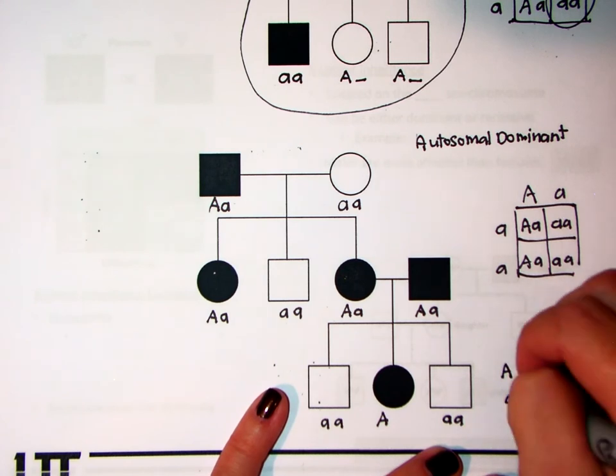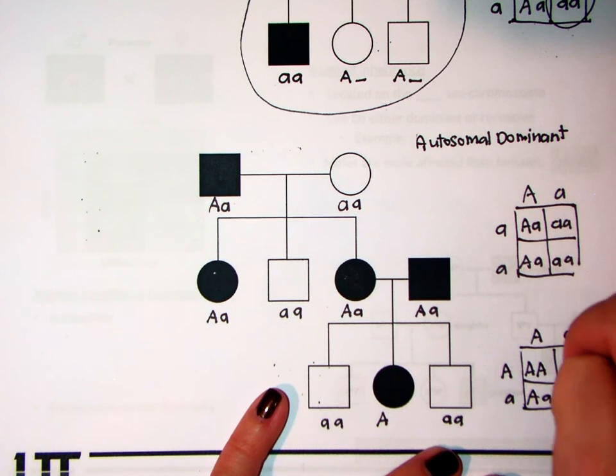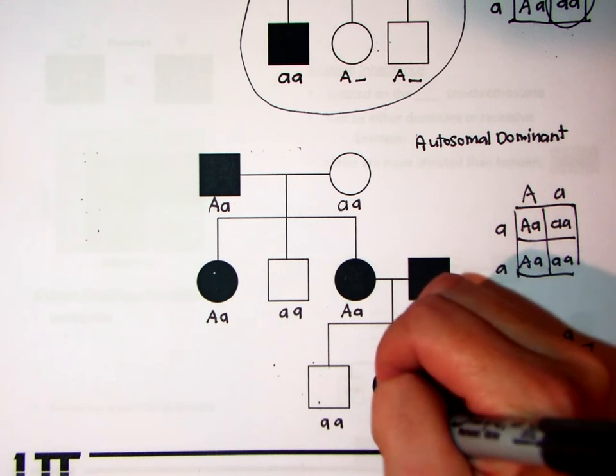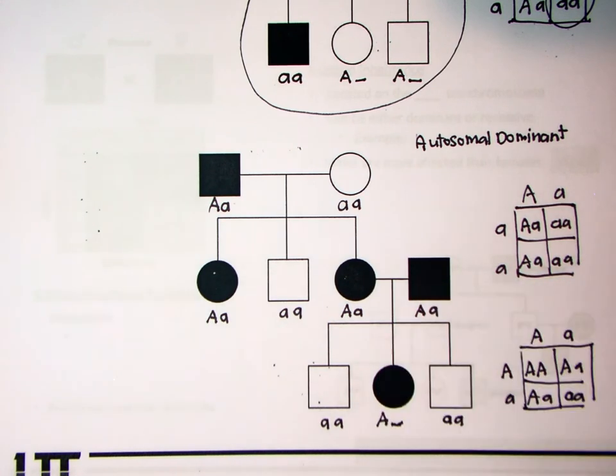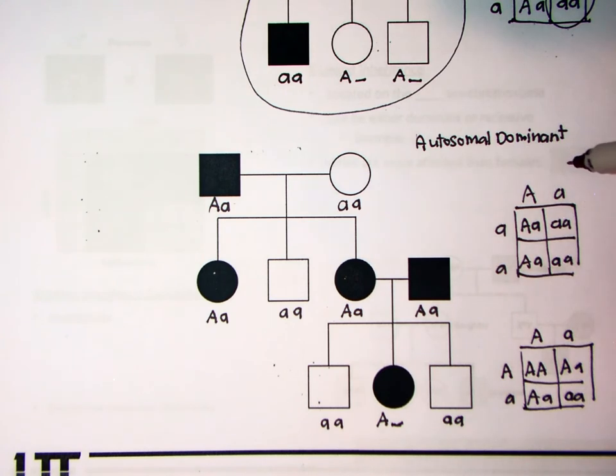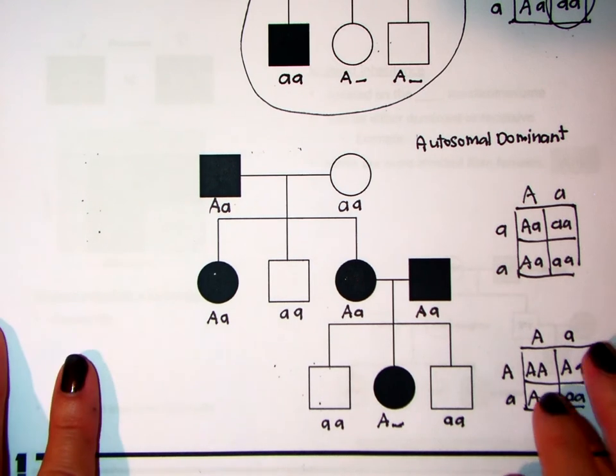Alright, so they can have homozygous dominant, they can be heterozygous, and they can have homozygous recessive, which you can see here and here. And so can we say for sure whether this is big A, or big A, little a? No, we can't, so we'll just leave it as a dash. So the pattern of inheritance here does work. It's autosomal dominant, and those are the genotypes we can come up with for each individual.